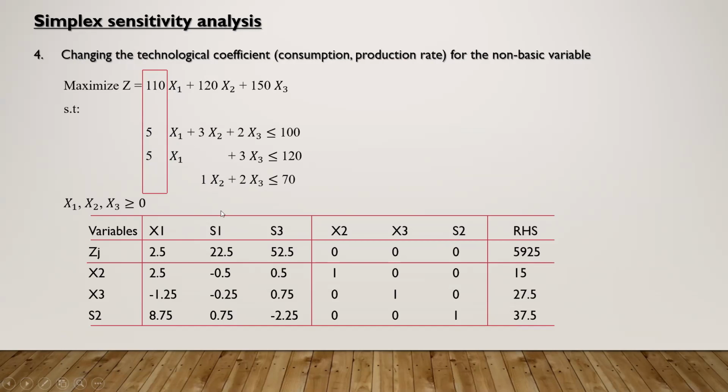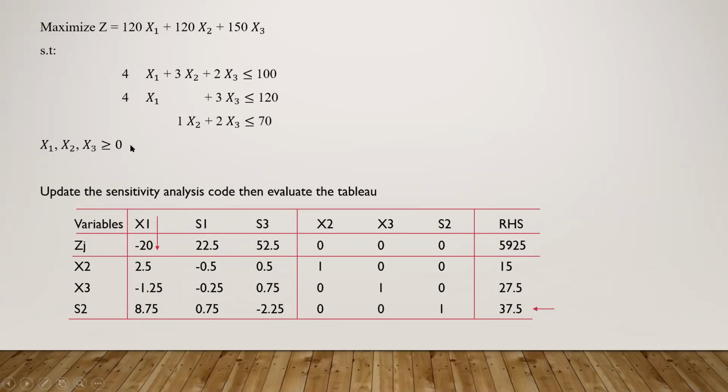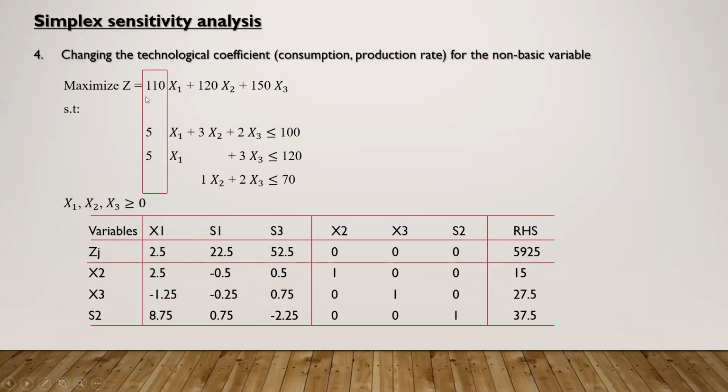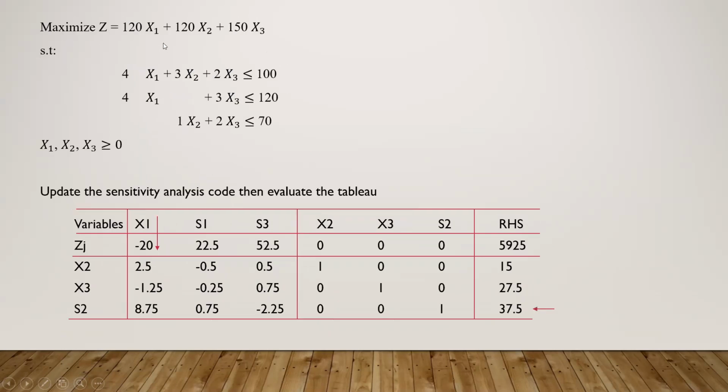So what will happen? This is the original matrix over here, and we know x1 is still non-basic. What will happen if I change the technological coefficient for x1? So we have altered the original matrix. This is the original matrix, and then we have this new matrix over here. The price was reduced, so the profit is increased, so 120. Where do we get this value?